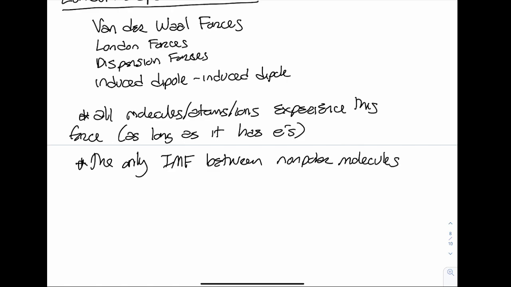London dispersion forces are one of the kind of weirder ones to think about. So again, a big wordy explanation, so just bear with me and then I'll try to explain it better.